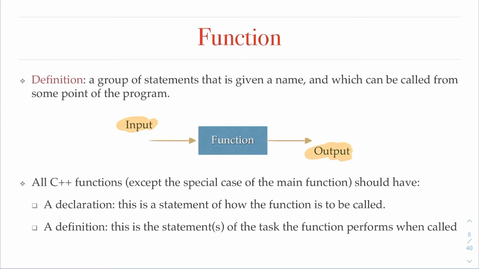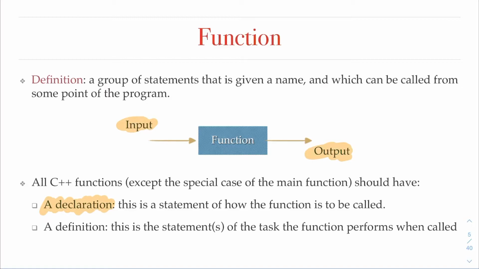Now for C++, usually we divide your function into two parts. One is the declaration. You have to declare your function to let the compiler know that the function exists, so it can use and call the function. But beware that this declaration does not mean you have to write the details of your function.